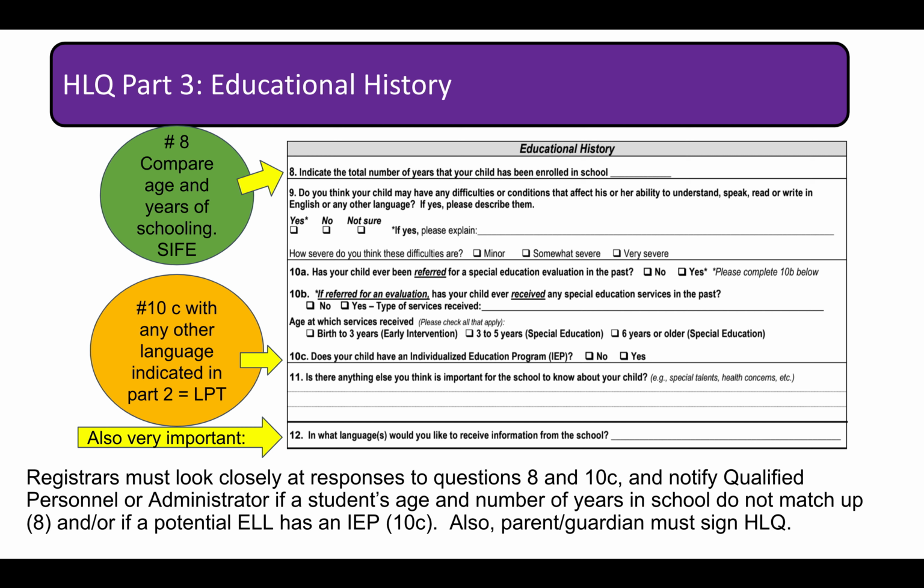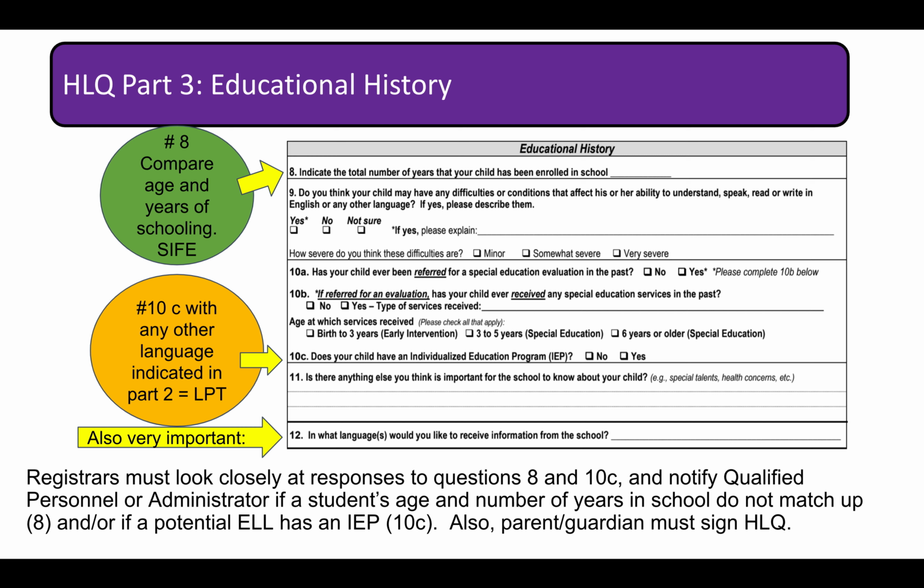So during the registration process and the review of this HLQ, that should be flagged so that the person screening the student knows to also use the SIFE screener and possibly administer the multilingual language screener. And then question 10C, as I mentioned before: if a student is a potential ELL who already has an IEP, then a language proficiency team would need to meet.